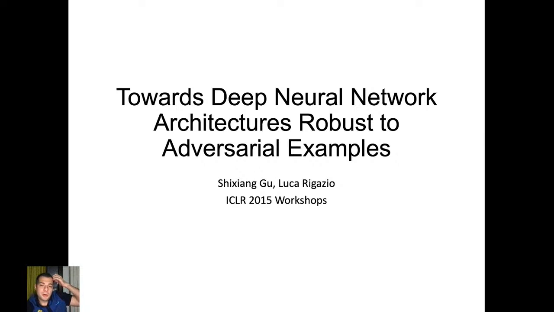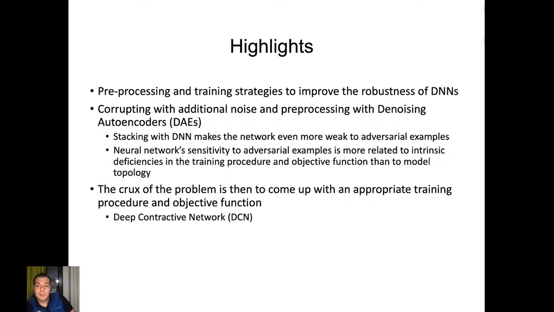Okay, so this is another paper that deals with improving the robustness of neural networks to adversarial examples, and these are the main highlights in the paper. One idea was to use pre-training to improve the robustness, or see how this actually behaves, and they discovered that using denoising autoencoders as a pre-processing step is actually worse than just training the model end-to-end.